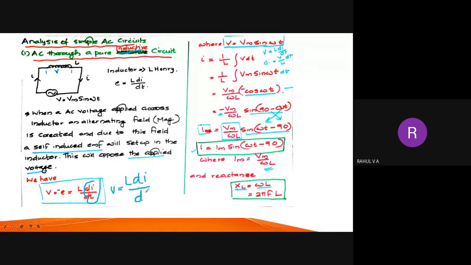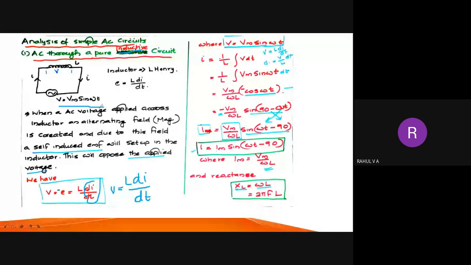From this formula, we already know the voltage, because voltage is nothing but Vm sin omega t. L is a constant, and we have to find out what I is.